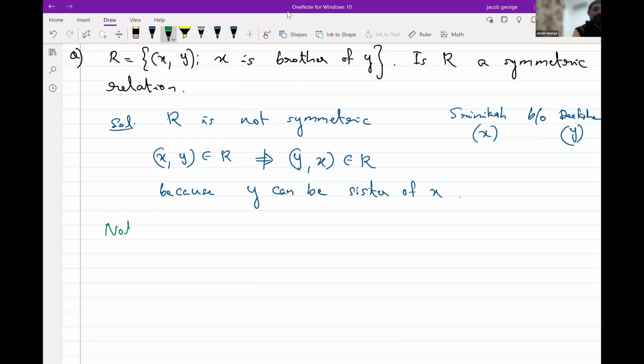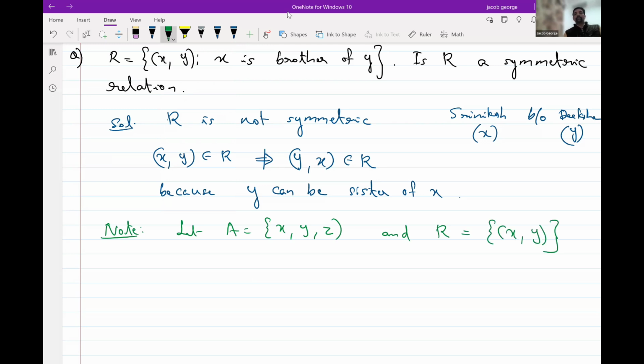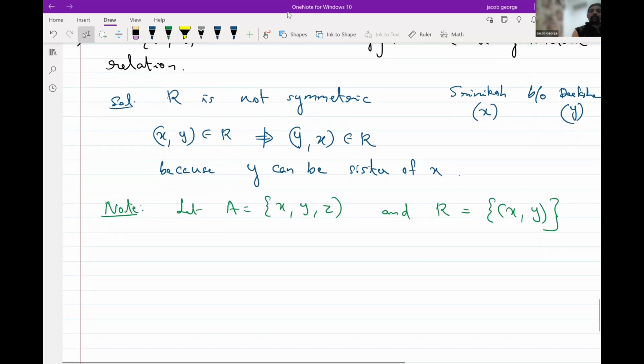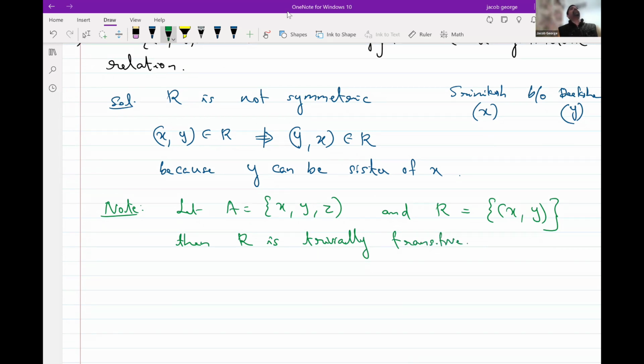A special note. Let A be the set {X, Y, Z} and R be the ordered pair (X, Y).